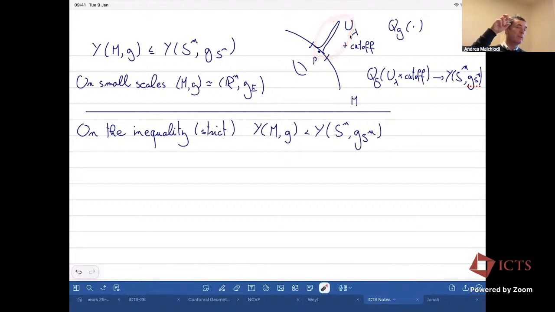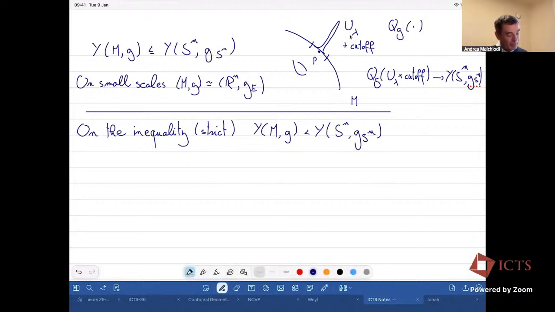We use the Euclidean extremal and glue it to a manifold, so we can approach certainly the spherical Yamabe constant. But can we go below that?